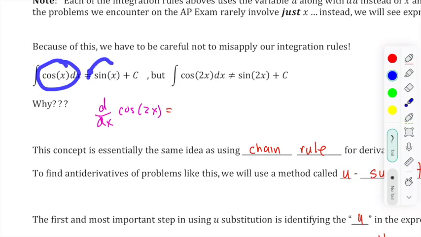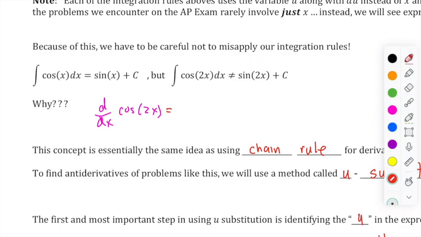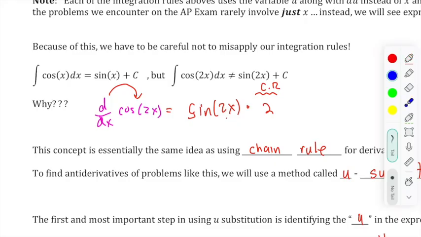Notice that the integral of sine is cosine, but the integral of 2 cosine is not the same thing as 2 sine. And here's the reason why. If you take the derivative of cosine of 2x, you get sine of 2x times, because of the chain rule, the derivative of 2x, which is 2. And so that's why these don't work this way.